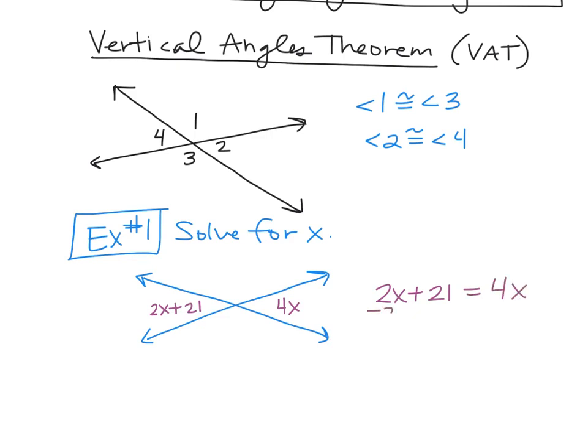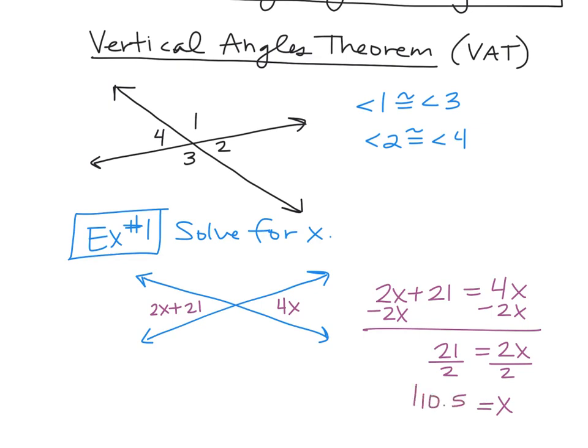So take away your 2x, and you get 2x equals 21. Divide by 2. What's 21 cut in half? 10.5, or you can leave it as 21 over 2 technically, as an improper fraction, okay?